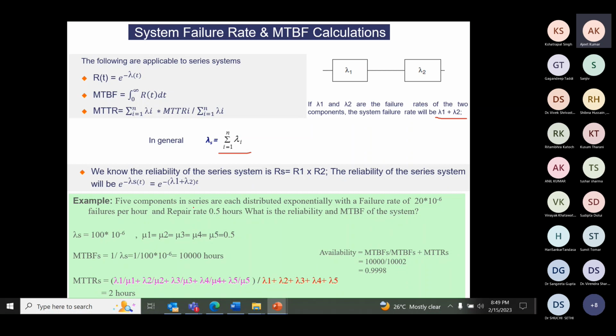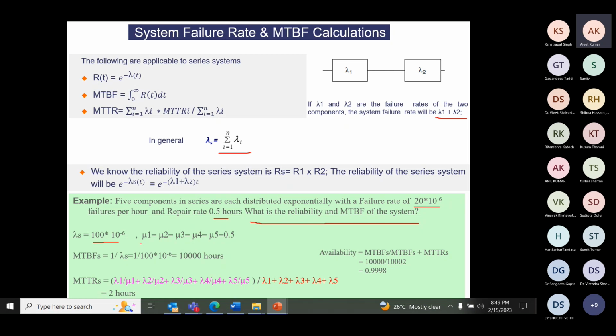5 components in series, each has this kind of failure rate. So now we have lambda 1, lambda 2, lambda 3, lambda 4, lambda 5. Okay, repair time is this. What is the reliability and MTBF of the system? So first find MTBF. Lambda s is this, because the 5 are in series, 20 plus 5.